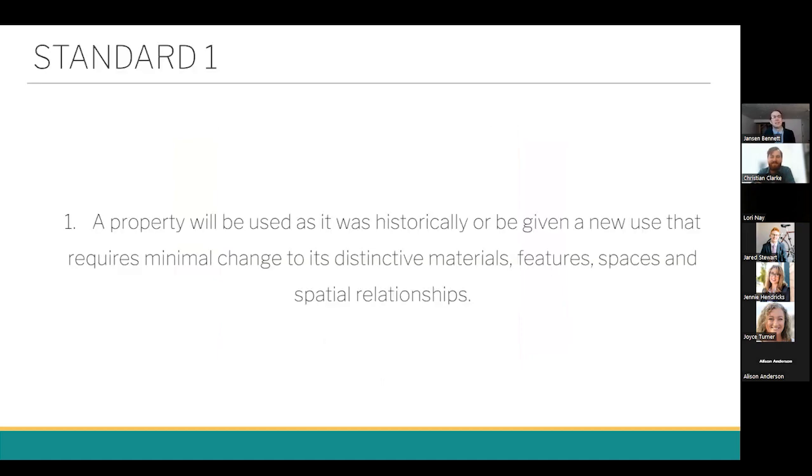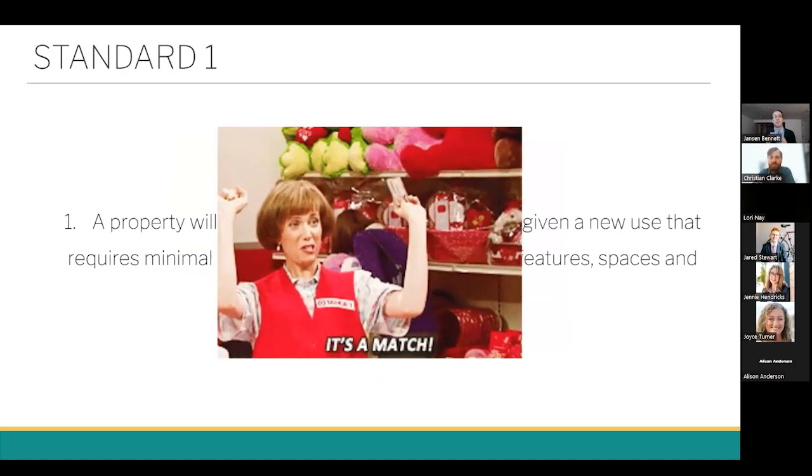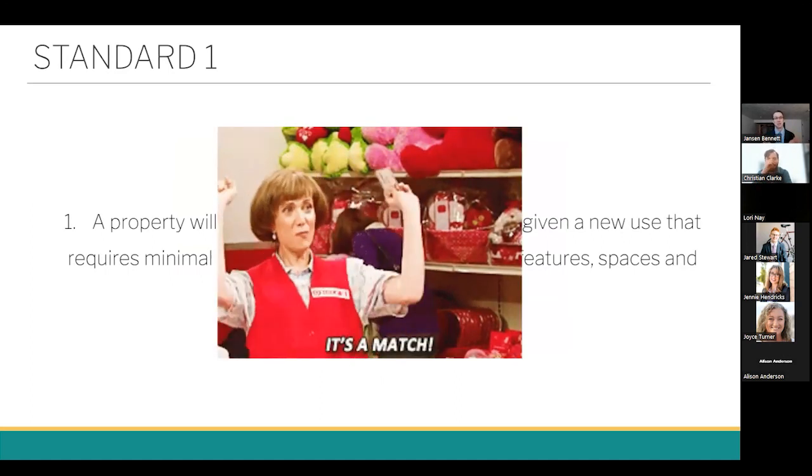Diving into the standards, Standard 1 states that a property will be used as it was historically, or be given a new use that requires minimal change to its distinctive materials, features, spaces, and spatial relationships. In other words, we want the new use to match the historic building.